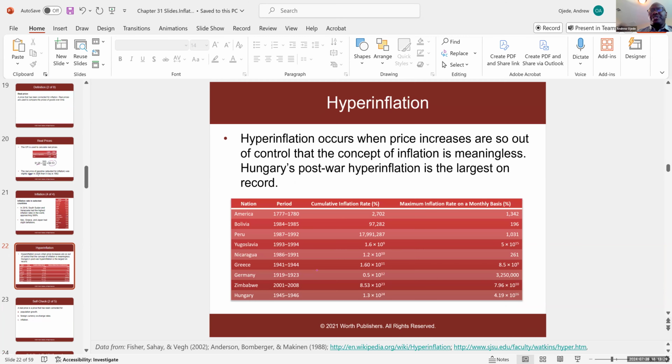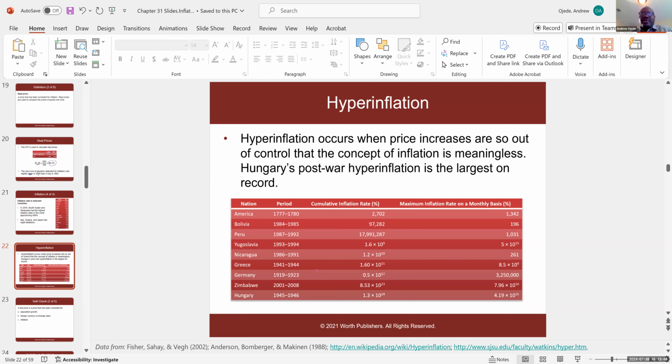Hyperinflation is another scenario. Hyperinflation comes when prices increase so far out of control that the concept of inflation is meaningless. In fact, prices in a hyperinflation scenario would be rising at a rate of more than 50% every month.